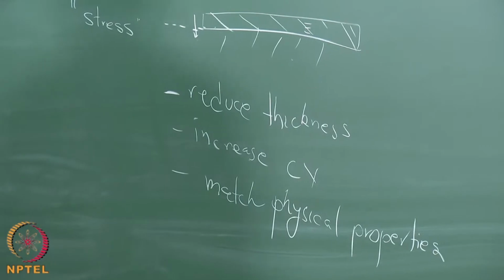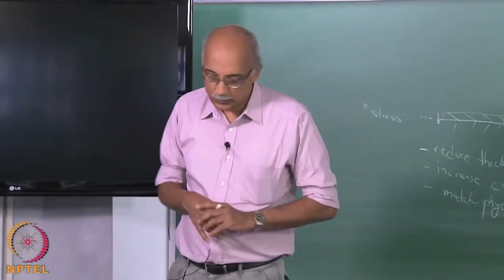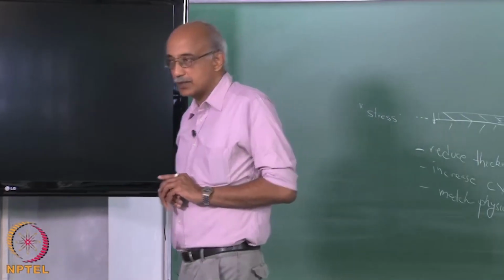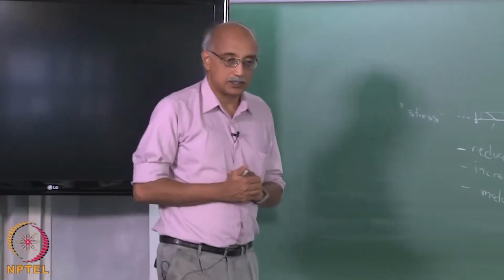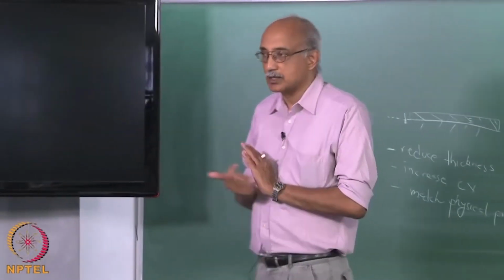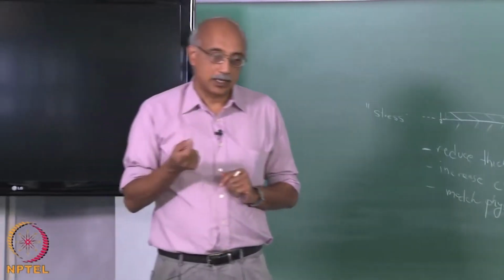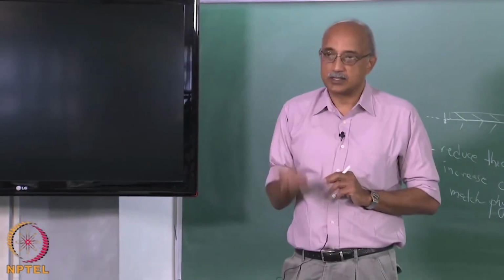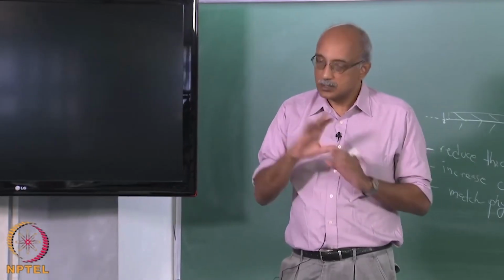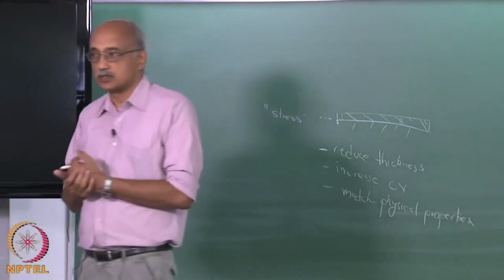The third technique that you can use is to actually match the physical properties of the coating to those of the substrate. The closer they are, obviously the less will be the stress that is built up due to the transition. So particularly properties such as conductivity, thermal conductivity. Coefficient of thermal expansion is a very important one, because as the substrate coating goes through various cycles, what causes delamination to happen frequently is the difference in the coefficient of thermal expansion.